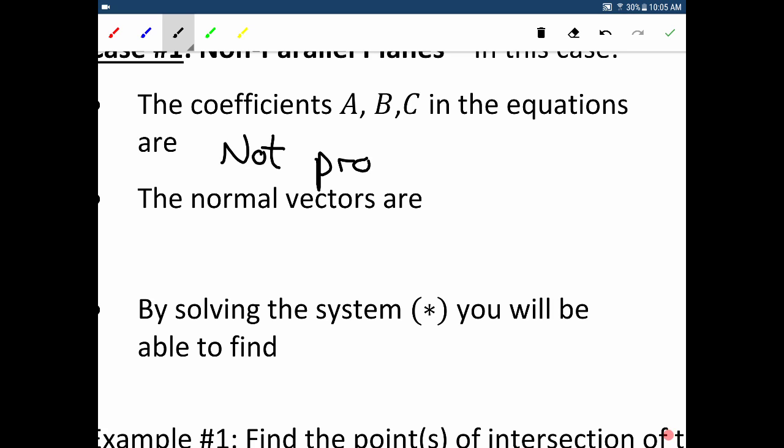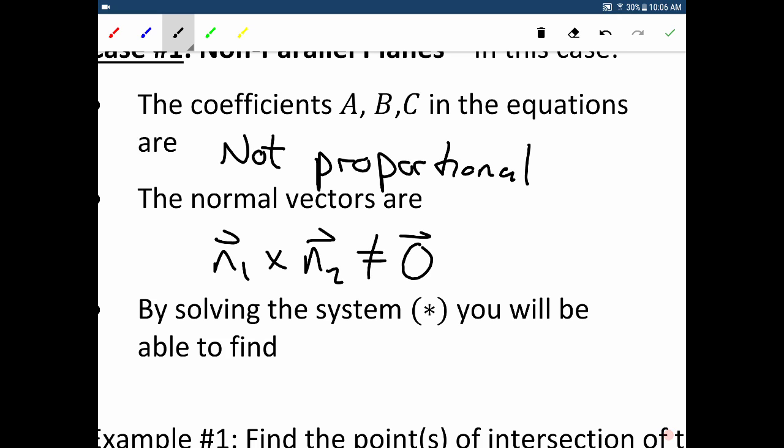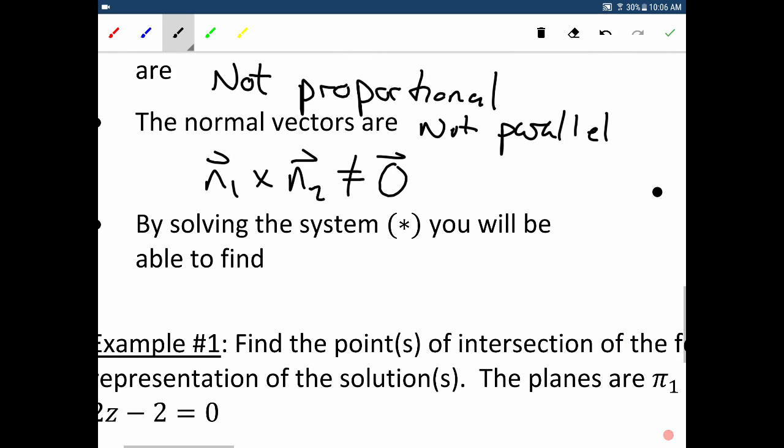And the normal vectors, N1 and N2, are not parallel. So if you were to take the cross product, you would not get the zero vector.